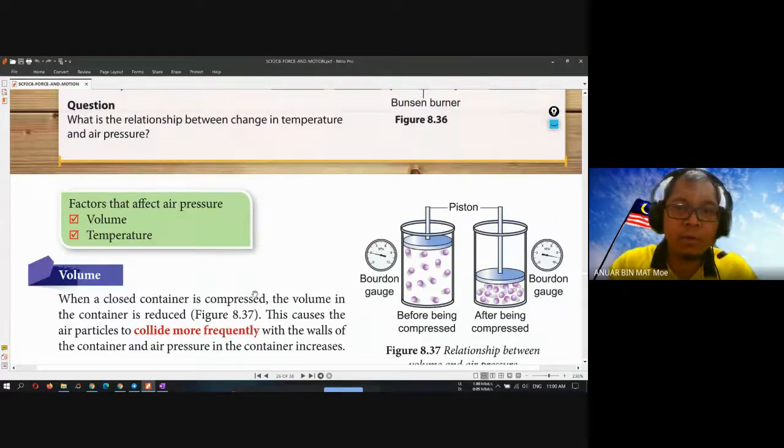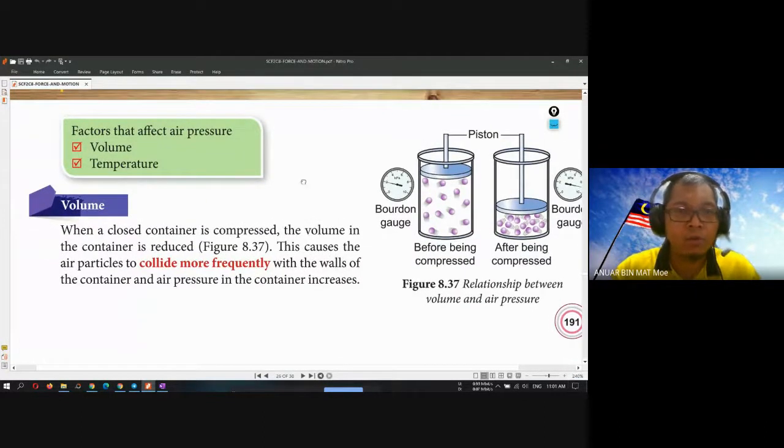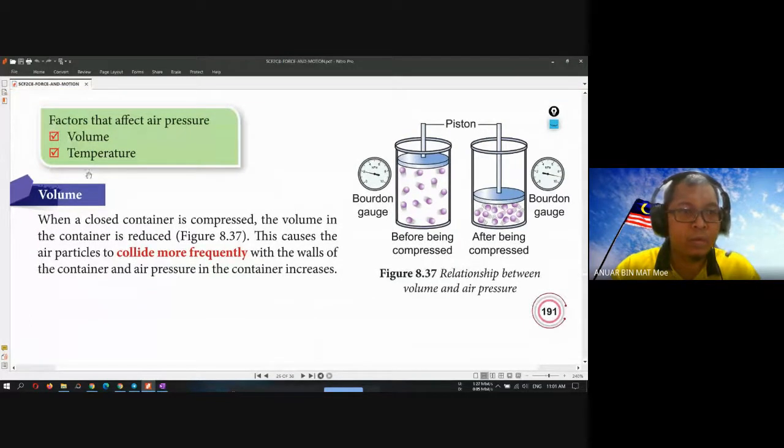If you still remember on Monday, there are two factors affecting the air pressure, right? Number one is the volume, and number two is the temperature. Meaning that if the volume of the gas increases, at the same time the pressure also increases a little bit.